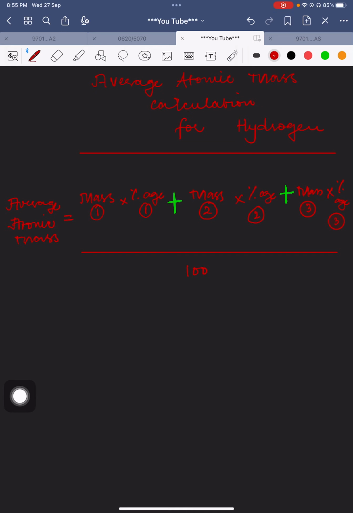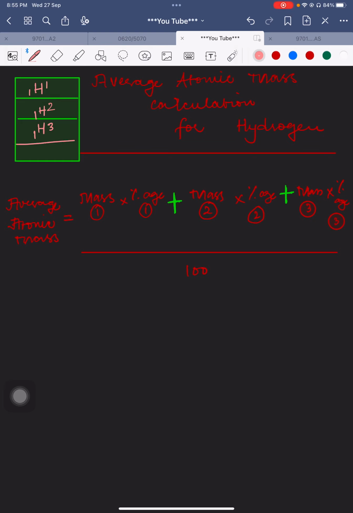So what is the mass of number 1? I'm writing here in this box. For example, we are saying that there are 3 isotopes of hydrogen. What are those 3? I'm going to mention that. I'm writing with another color: one is 1H1, the other is 1H2, the third is 1H3.